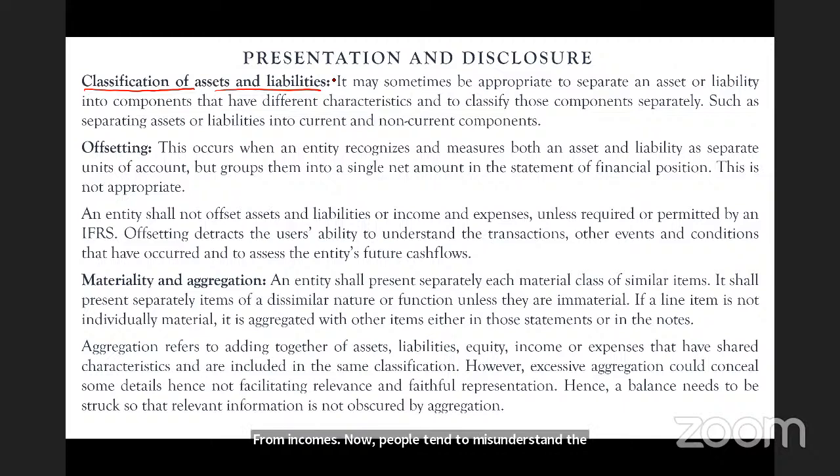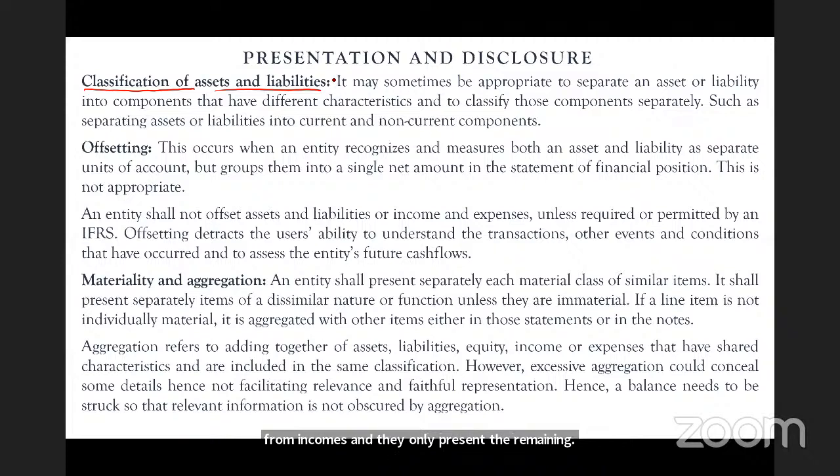Because to get a profit, you'll have to get your incomes minus expenses, not so? That's when you will get a profit. Now, someone might ask, isn't that offsetting? That is not offsetting. What we call offsetting is someone getting expenses and knocking them off from incomes and only presenting the remaining. Are we together?